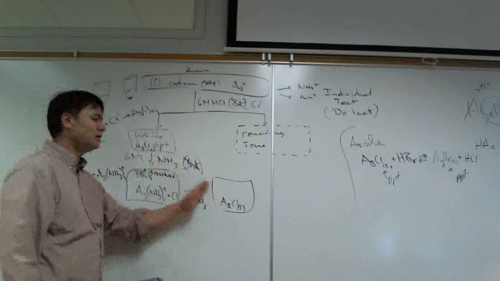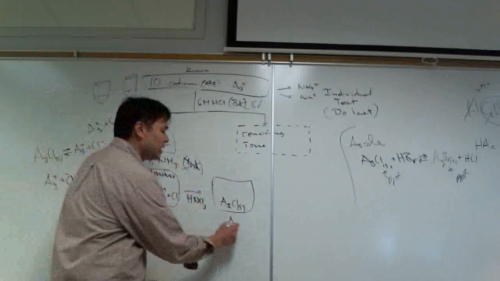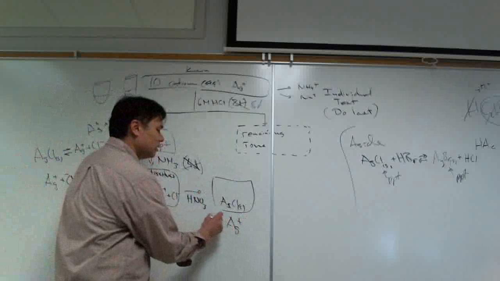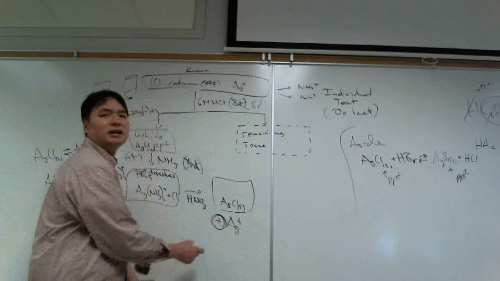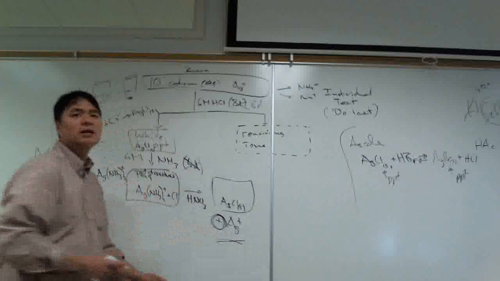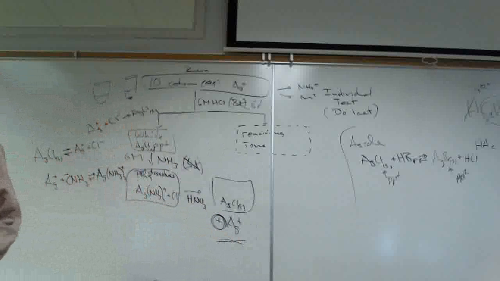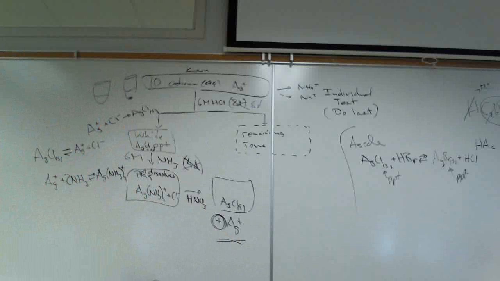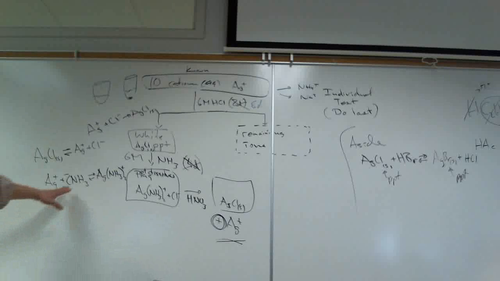Once we're at the end of this, we say we've tested positive for silver ion, because based on our observations, we must have silver ions present. And I'll tell you, lead and mercury wouldn't have done this, because there are different chemical reactions with ammonia.